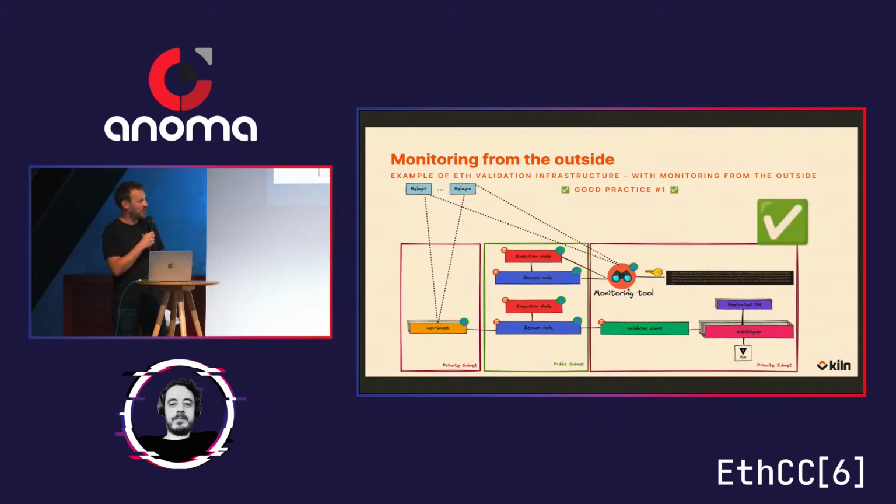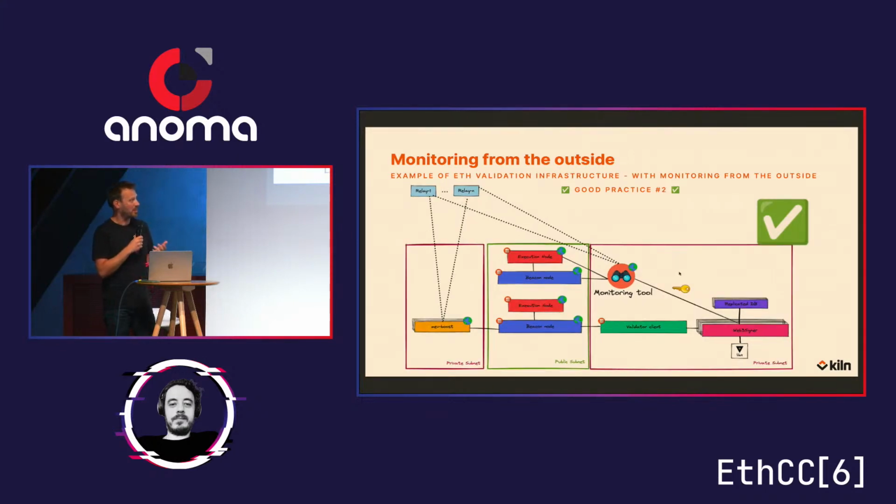What you can do, for example, is spin up another execution node and another beacon node and plug them to your monitoring tool. So your monitoring tool won't interfere with your validation beacon node. And here you load the keys to monitor with just a file. Another possible way is approximately the same, but your monitoring tool is going to load public keys from Web3 signer.